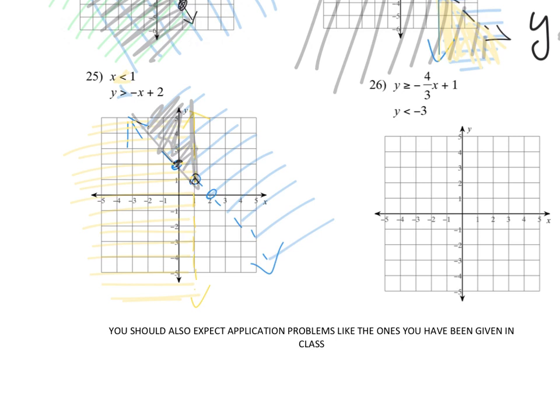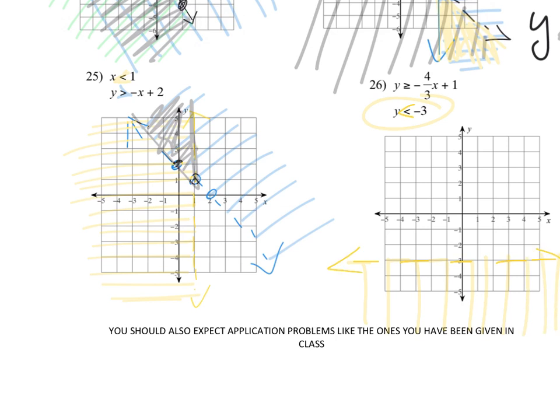Last one. So y, I'm going to do that one first, just because the vertical or horizontal line just seems easier to me. When it's a y and nothing else, that has a slope of 0. So it's going to be a dotted line that goes straight through the negative 3. It says that y is smaller than negative 3, so that means we're going to shade down.